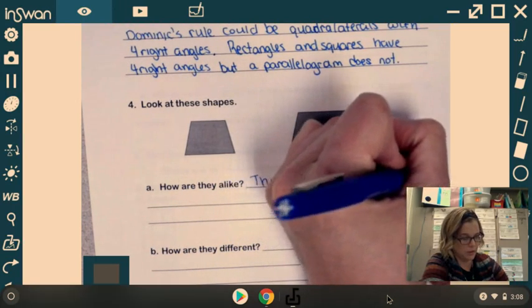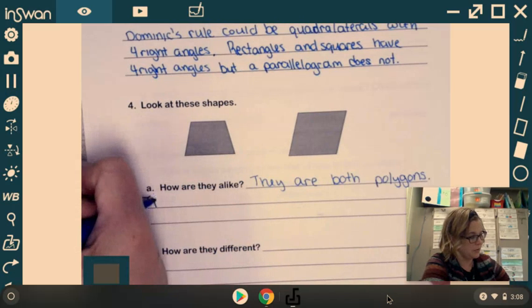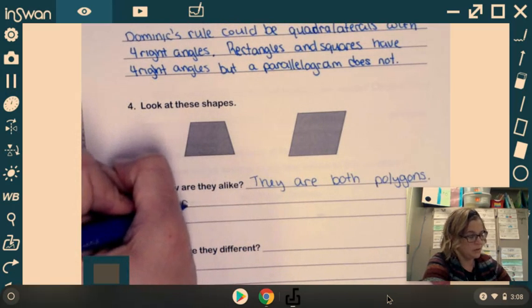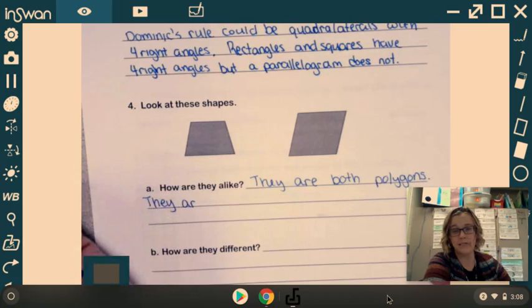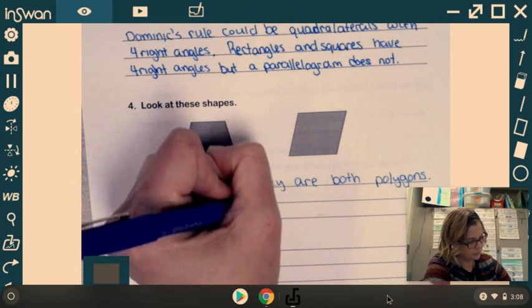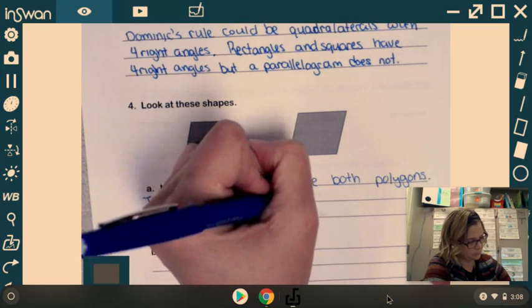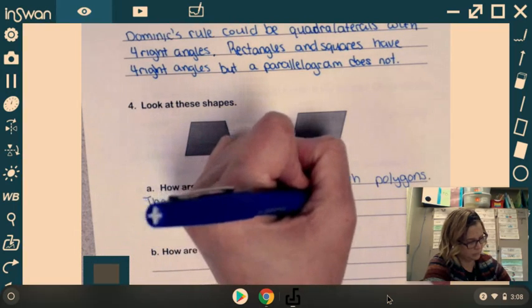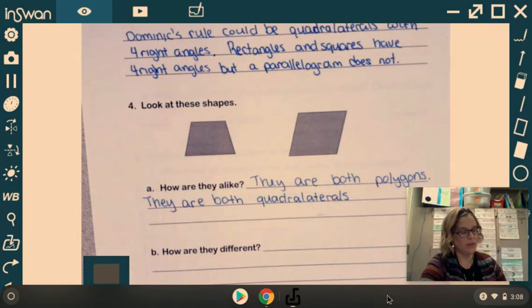They are both quadrilaterals because they both have 4 sides. And I think that's about it, how they're alike.